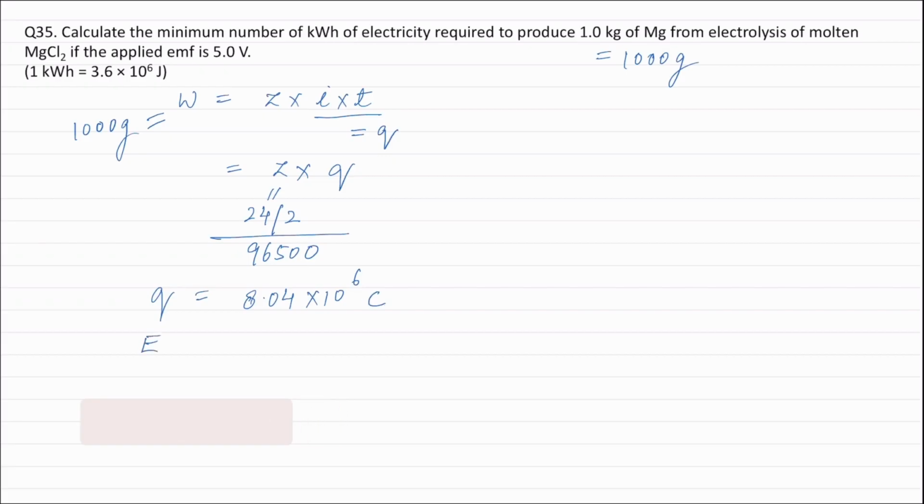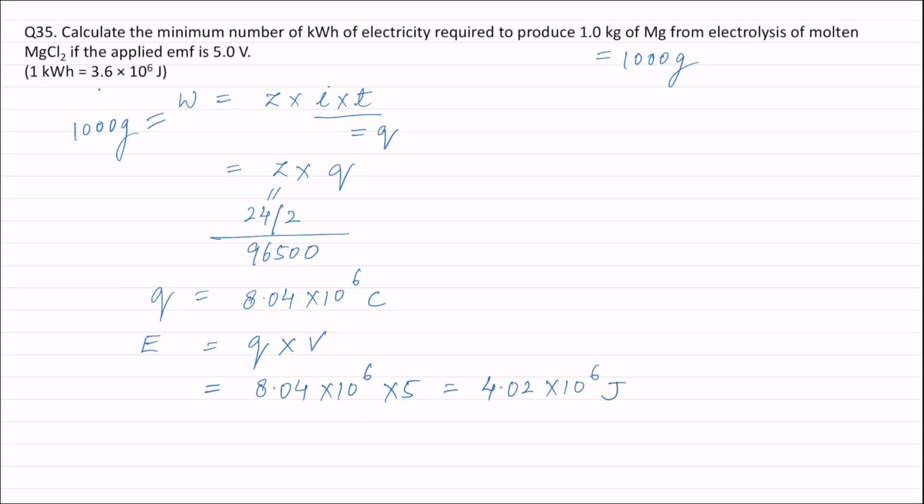Now energy is equal to charge into V. The value of charge is 8.04 into 10 to the power 6 coulombs, and value of EMF is 5 volts. Therefore, energy is equal to 8.04 into 10 to the power 6 into 5, and this is equal to 4.02 into 10 to the power 6 joules.